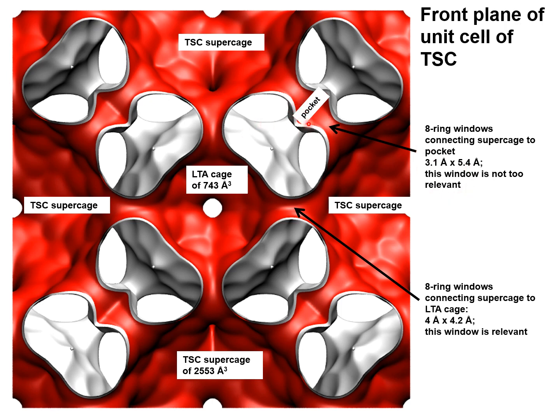These pockets are not that important because their capacity to host molecules is very, very insignificant compared to the storage capacity within the LTA cage and the super cage. And therefore, these window dimensions shown here are not too relevant. The relevant window size is this one, shown here.